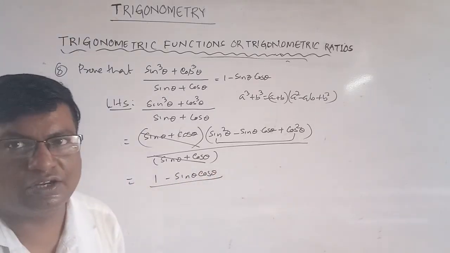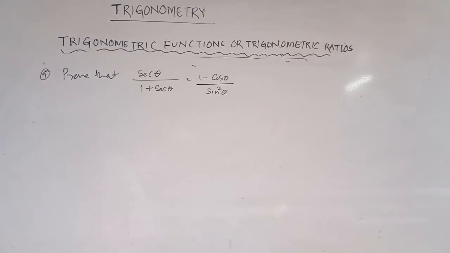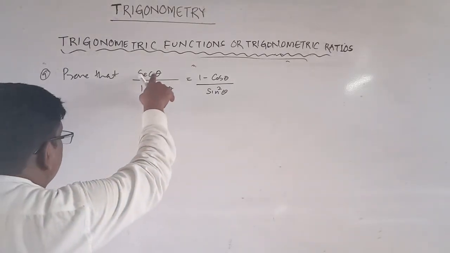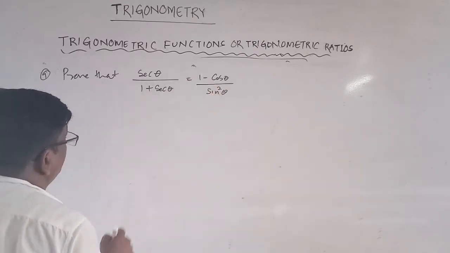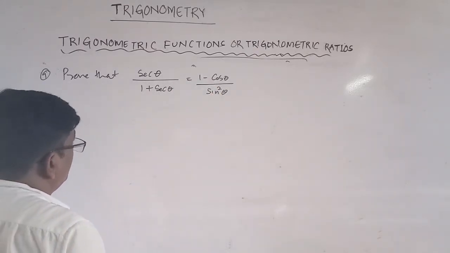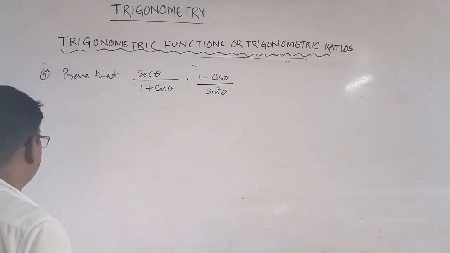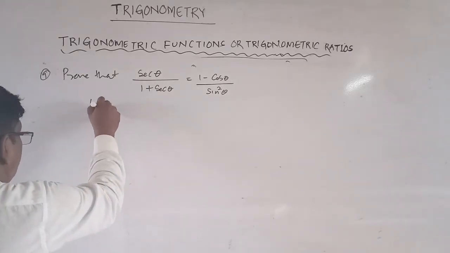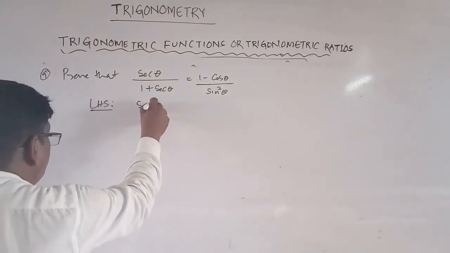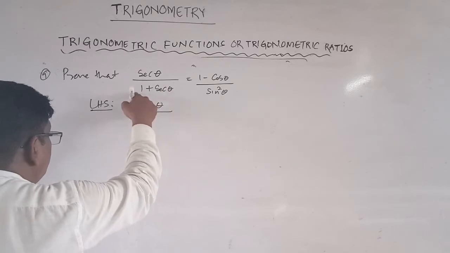Okay, now another question. Prove that sec theta by 1 plus sec theta is equal to 1 minus cos theta by sin square theta. Okay, this is the question. Now this is the left hand side, equal to sec theta by sec theta plus 1.